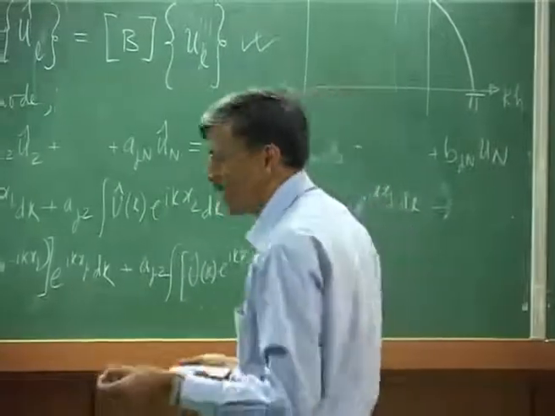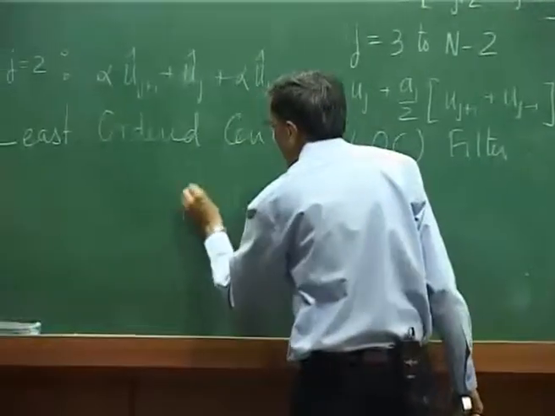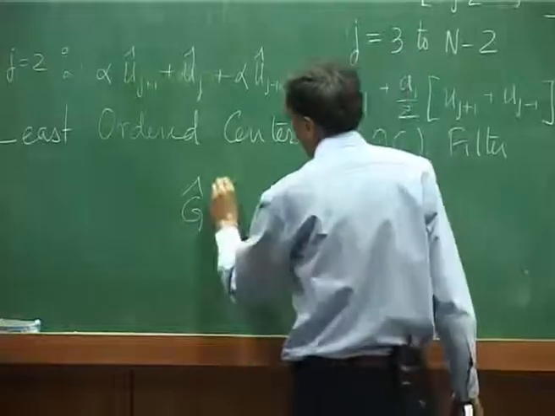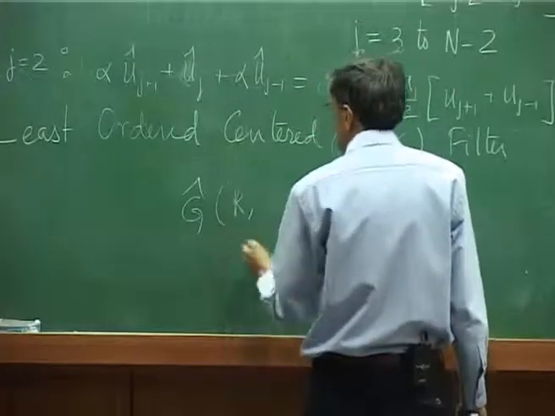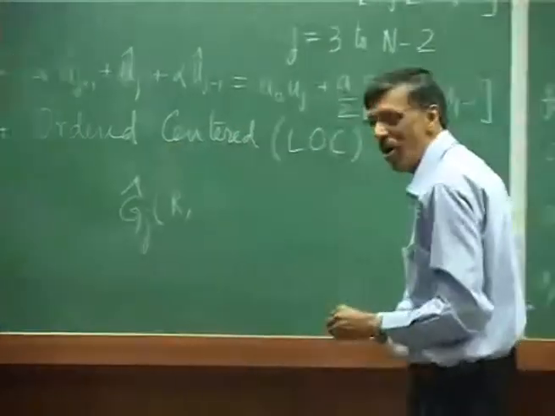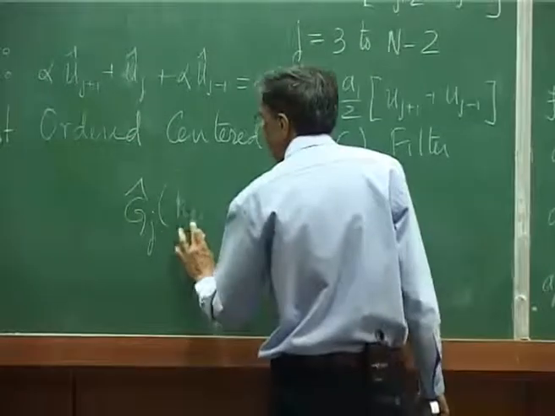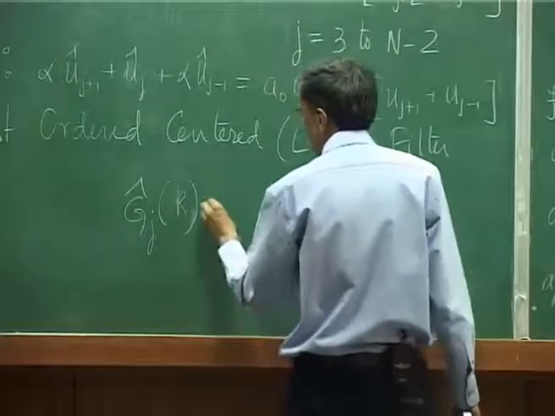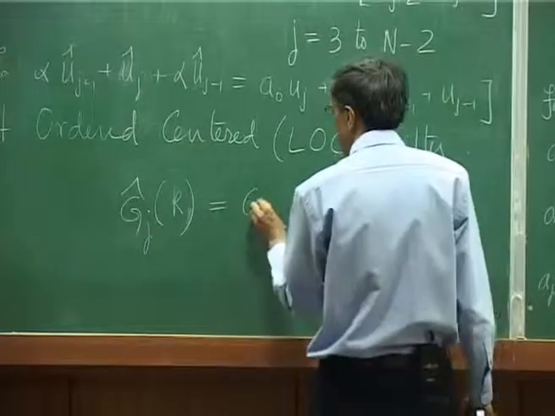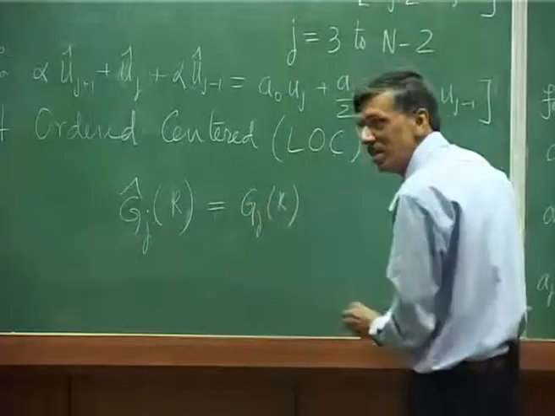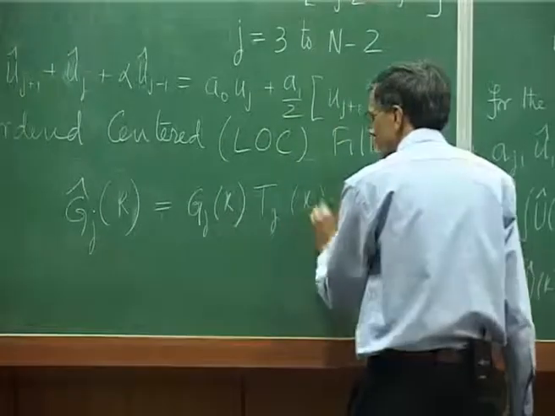Well, you can understand what happened, what we have seen. G hat was, let us put it as J. Now, we also know how to do it for the full domain analysis, and we could write like this. That would be G of the original numerical method times this.